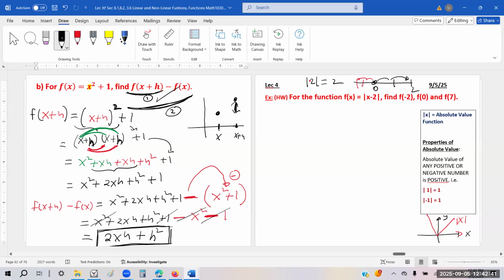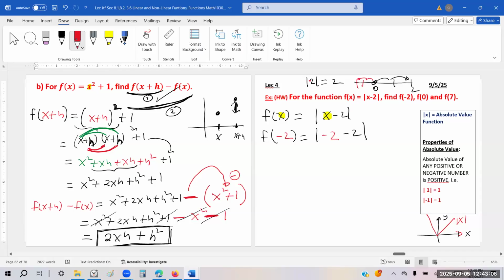So we are going to do the exact same things we did before. F of x is absolute value of x minus 2. They want us to first find f of negative 2. It means every x you see in your function, substitute with negative 2.